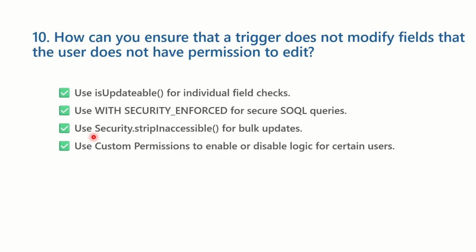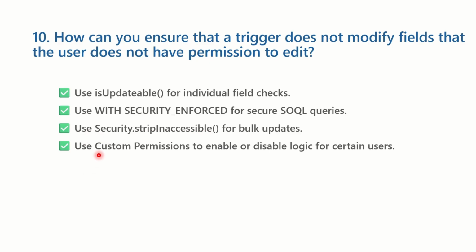Now this is the new and latest one, Security.stripInaccessible. It strips the fields where you don't have access, so it runs your code without giving any exceptions, because it automatically strips the inaccessible fields. So this is again helpful, Security.stripInaccessible.